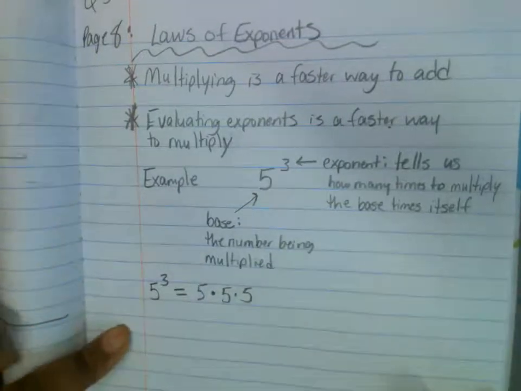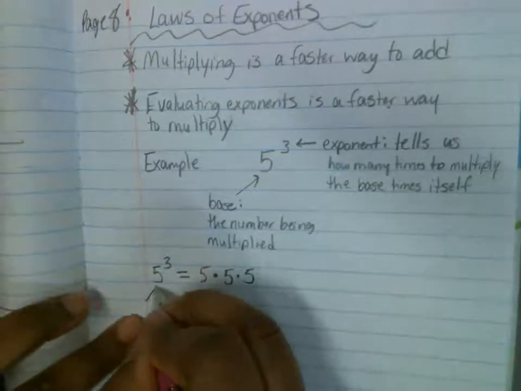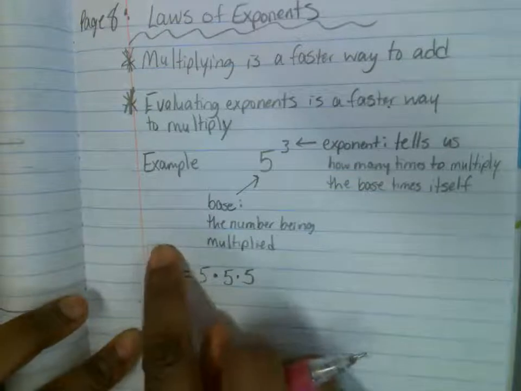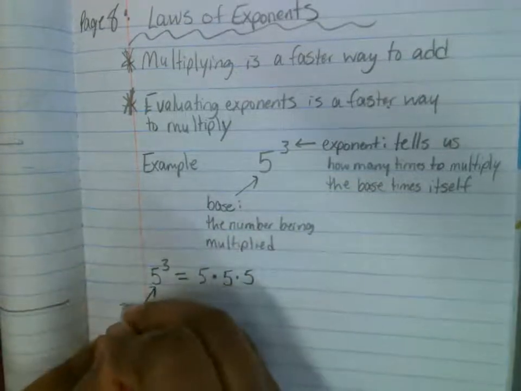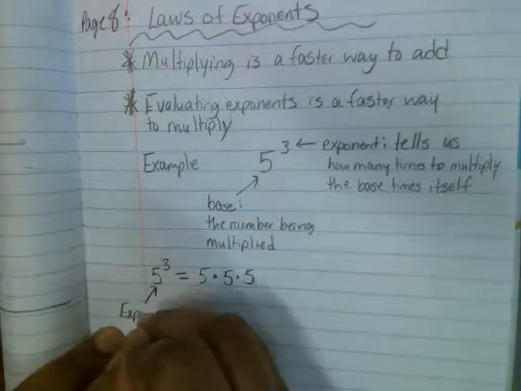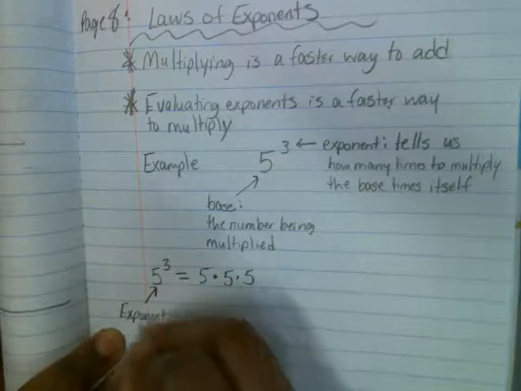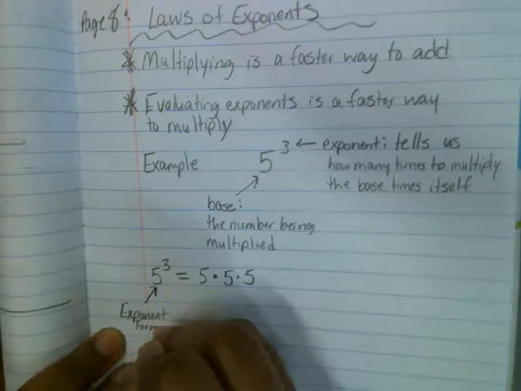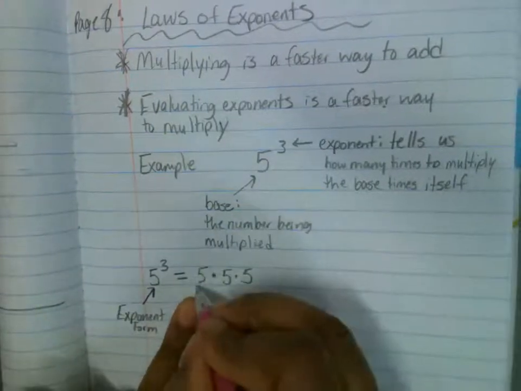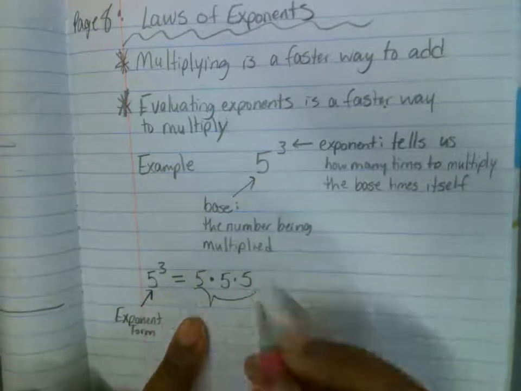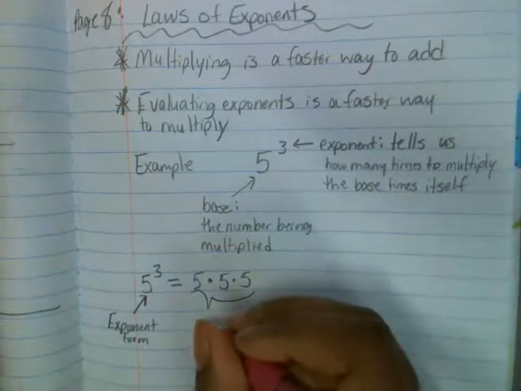Now this right here is the exponent form of the number. And this right here is the expanded form.